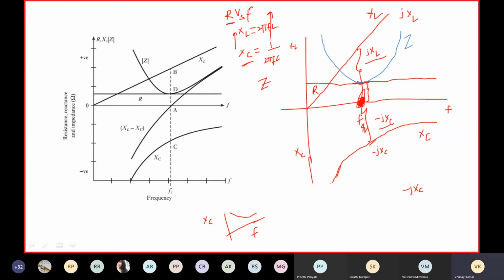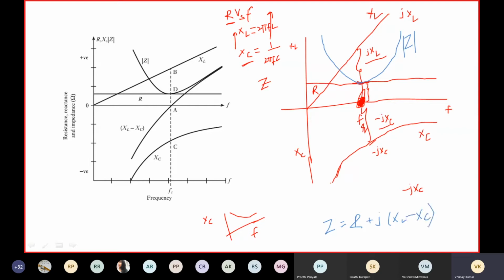See, this is the mod Z curve. You know, Z is equal to R plus J into XL minus XC.